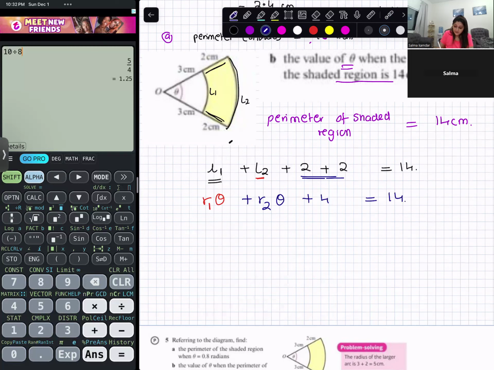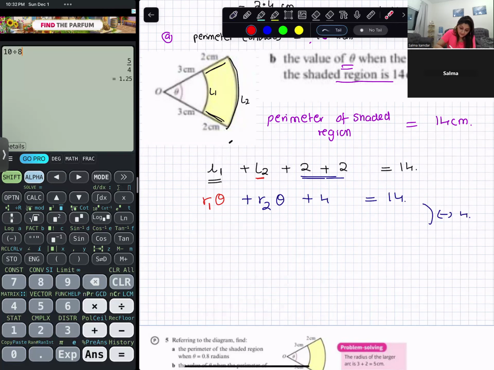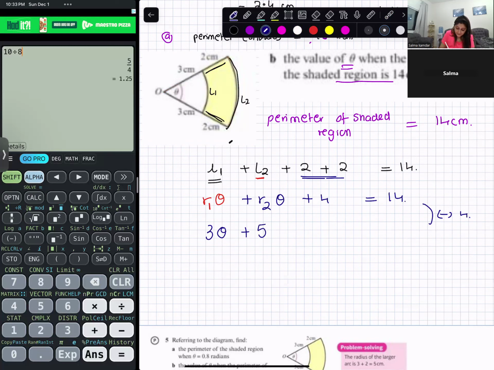Okay. Now what will I do? I will minus 4 from both the sides. So I have r1. If you could see, your radius 1 is 3 centimeter. So I would write 3 theta, and the radius 2 for the bigger arc L2 is 3 plus 2, that is 5 centimeter. So in place of radius 2, I will write 5 theta.